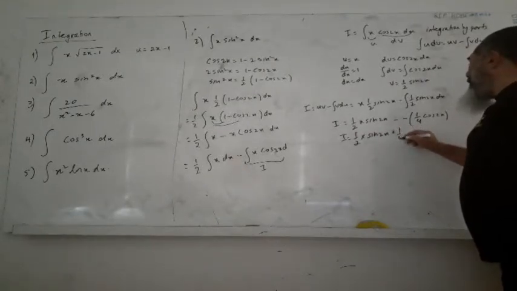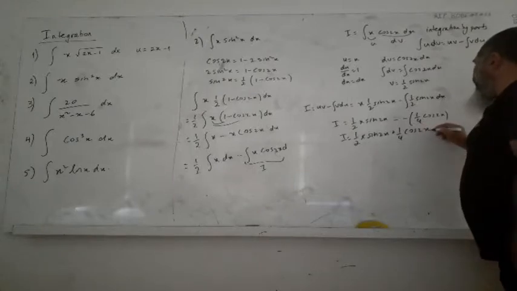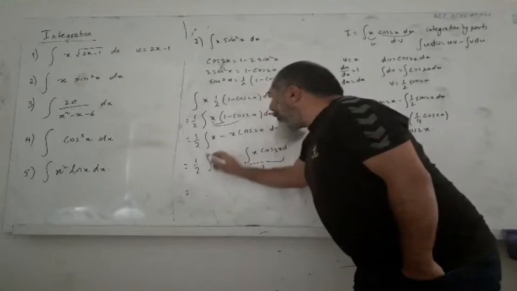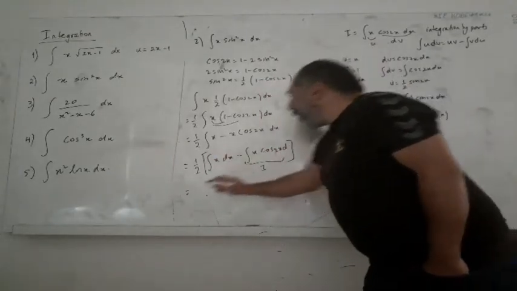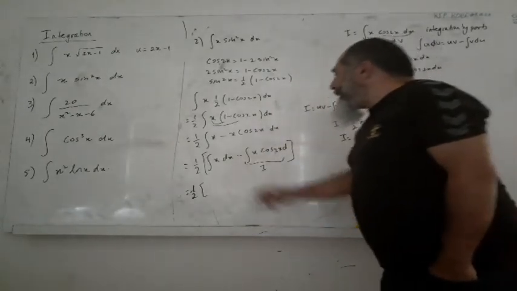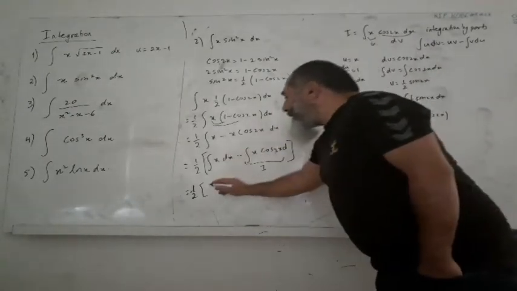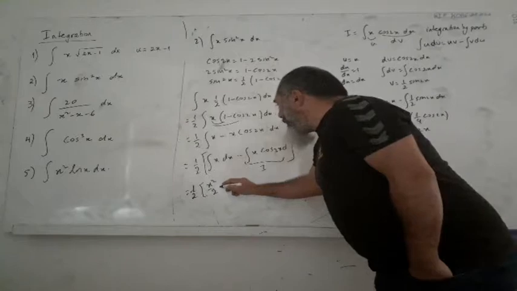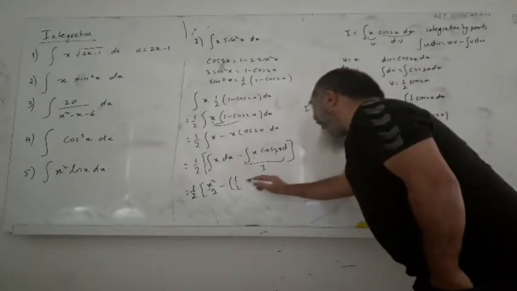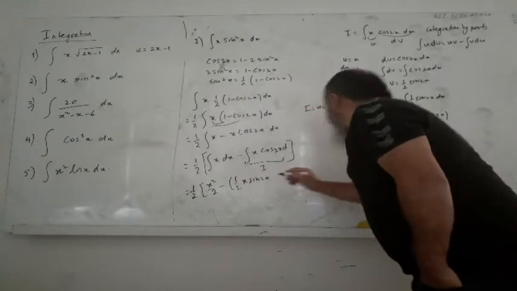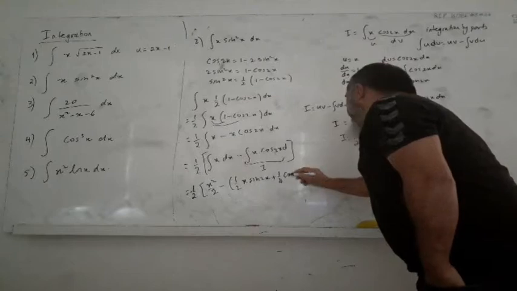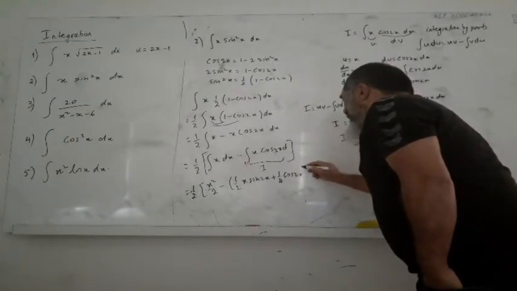And let's substitute I there. So 1 over 2 outside of the brackets. What is the integration of x? It is x squared over 2 minus I, where I is 1 over 2 x sine 2x plus 1 over 4 cosine 2x, plus c as the integration constant.